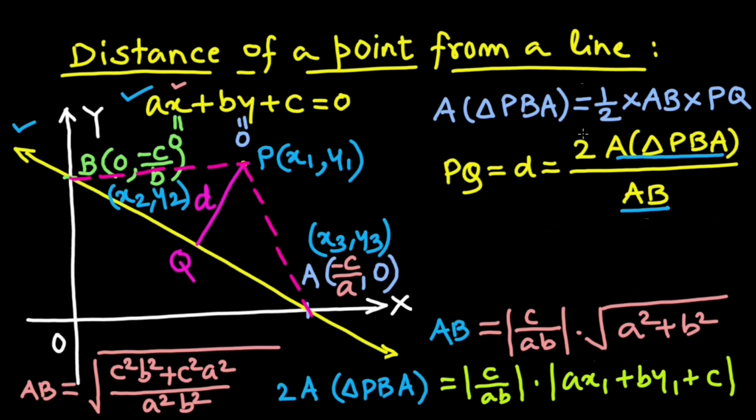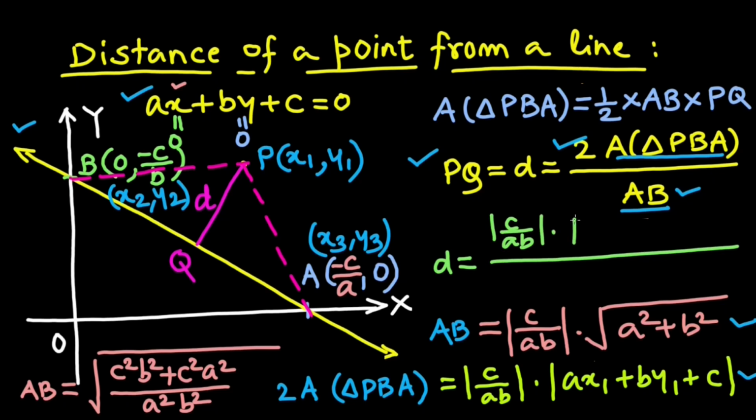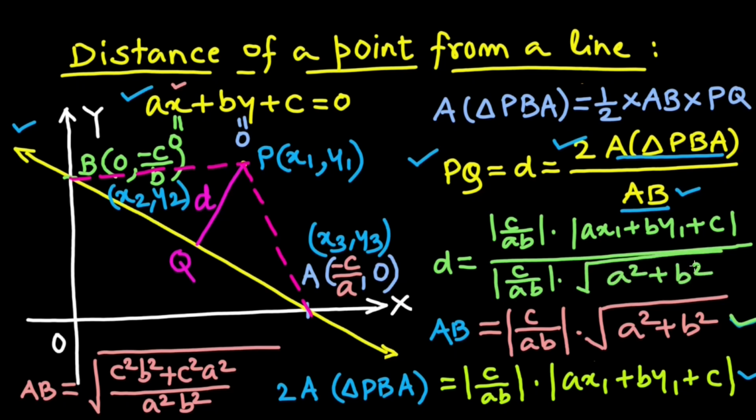Now we will substitute the values of 2 times area of triangle PBA, which is this, and the value of AB, which is this, to find PQ or D. So we write D equals mod c upon ab times mod a x1 plus b y1 plus c, divided by mod c upon ab times under root a squared plus b squared.